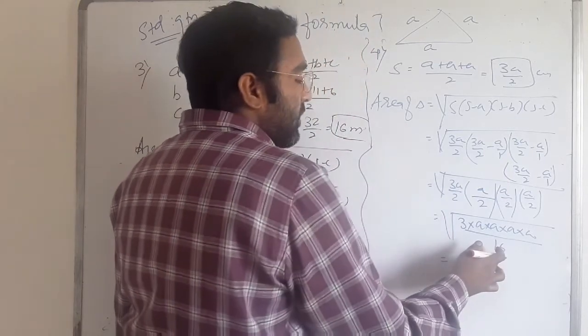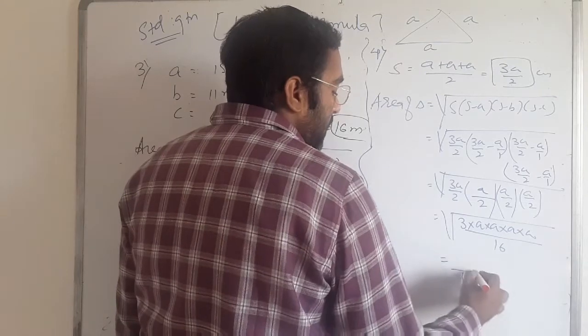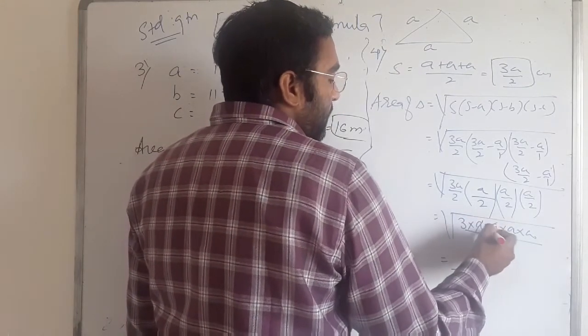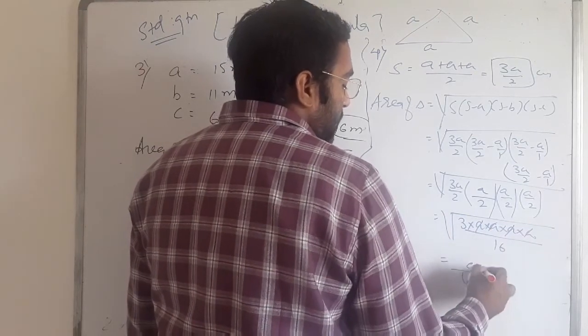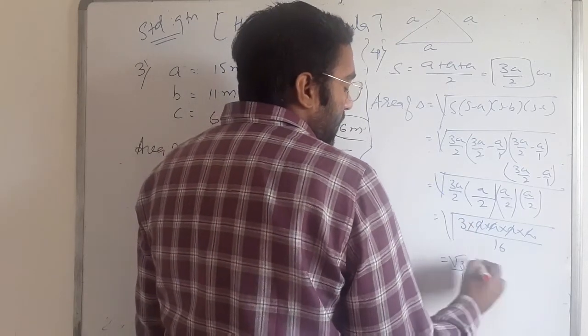Okay, so now we take the square root of 16 as 4 upon 4. There is a pair of a, that is a, and a second pair of a, that is also a. Now root 3 is remaining.